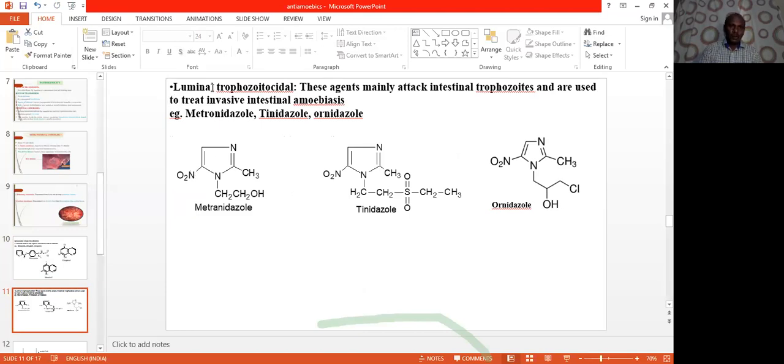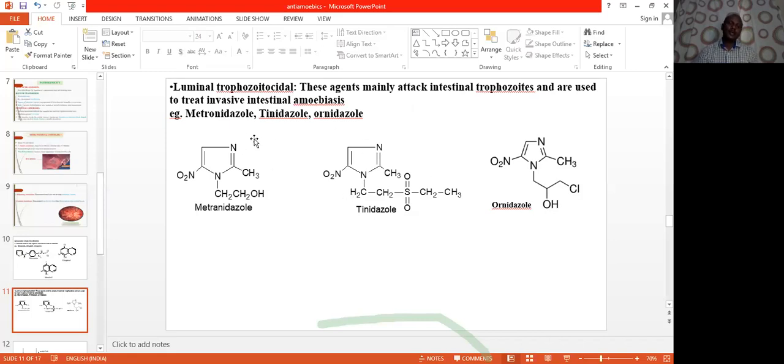These are active only against trophozoites. These are luminal trophozoiticides, and they will not act on the cyst forms. So they act only on trophozoites, and examples are metronidazole, tinidazole and ornidazole. This is the second class of drugs.